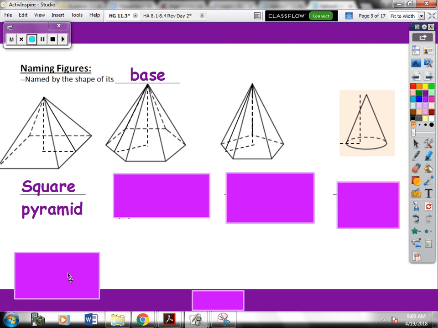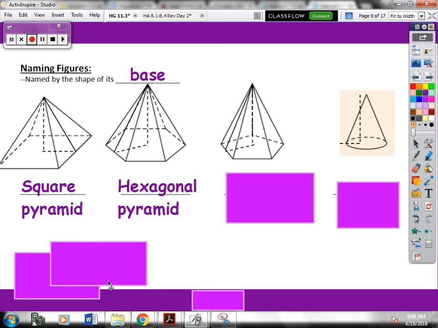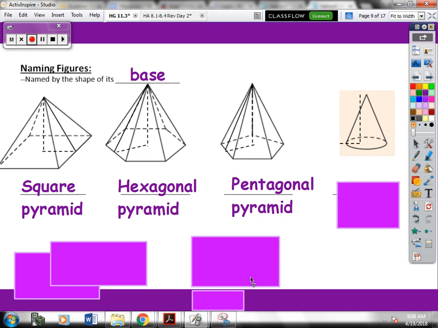What would the next one be? A hexagon, so a hexagonal prism, or pyramid, pardon me. Next one is a pentagon. So we'll say a pentagonal pyramid. If you just write pentagon pyramid, I won't mark off, but it's proper to put the AL at the end.